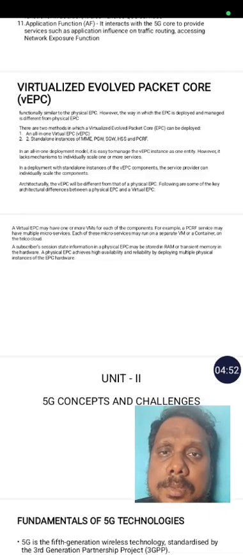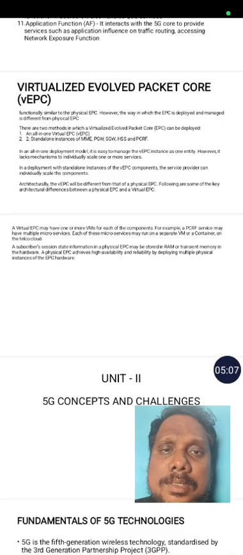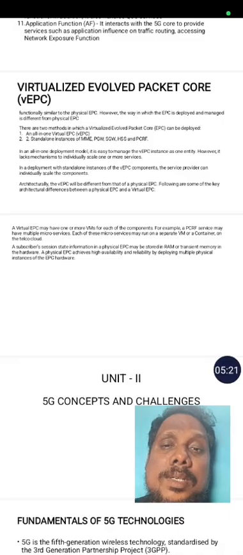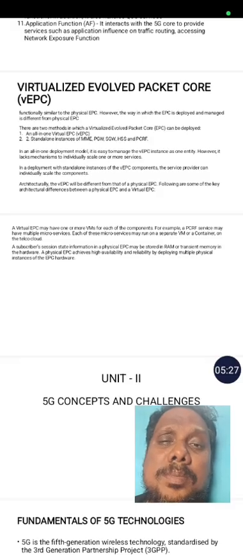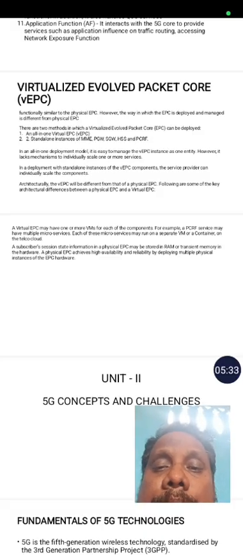It is functionally similar to the physical EPC, however the way in which the EPC is deployed and managed is different. There are two methods in which a virtualized evolved packet core can be deployed: an all-in-one virtual EPC, and the second one, standalone instances of MME, SGW, PCRF, or even HSS.